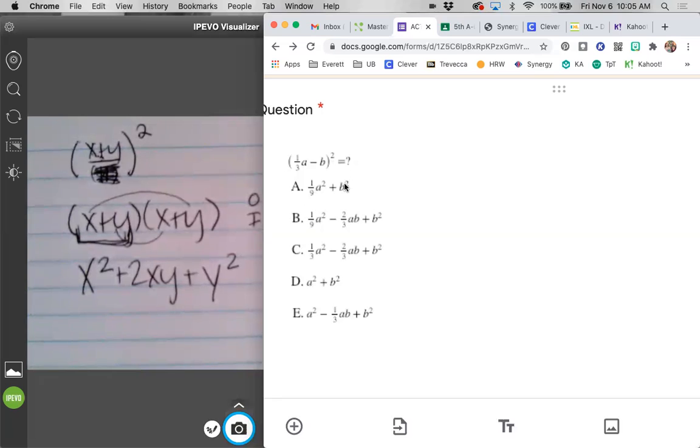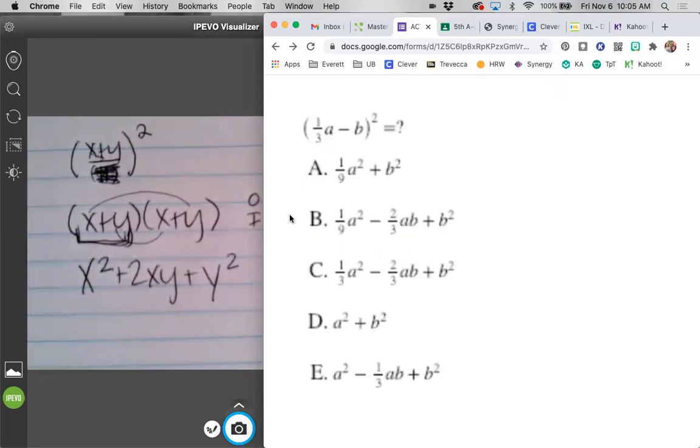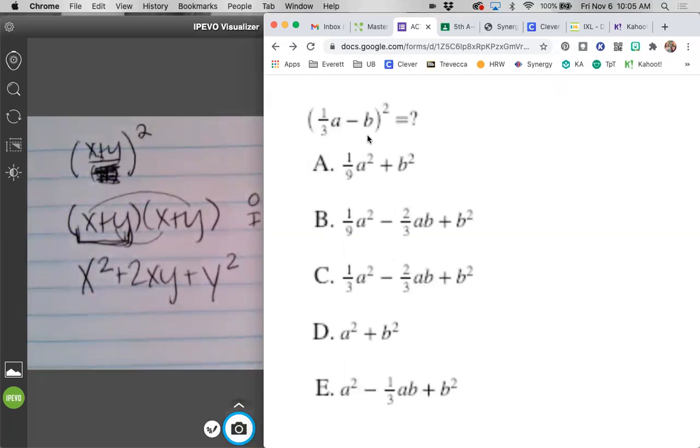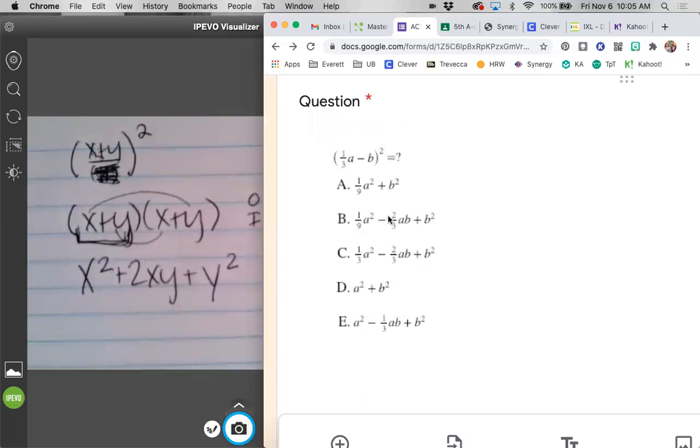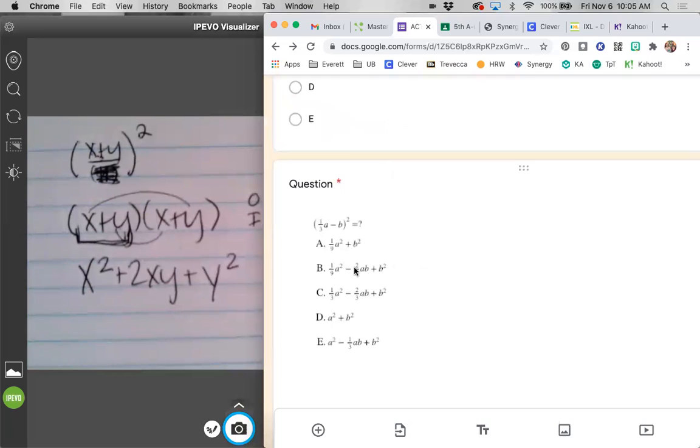B squared is going to be the back. They both have B squared. Well, we know it needs to have 3 terms, so it's got to be B. If you wanted to verify it, you would multiply 1/3 A times negative B and then double it. So negative 1/3 AB times 2 would be negative 2/3 AB, just like it says. But you could just do it purely based on the number of terms for the difference between A and B.